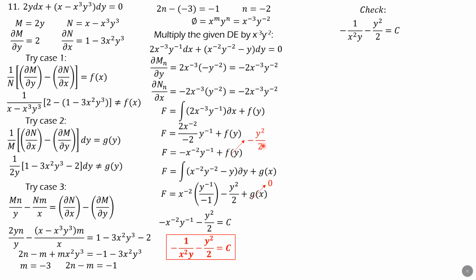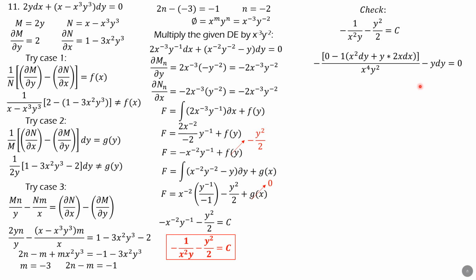So denominator times differential of numerator. So negative, factor out negative 1. So it is denominator, differential of numerator 0. So minus numerator, which is 1, times differential of denominator, which is product, x squared dy plus y 2x dx, all over denominator square, so x to the fourth y square, then minus differential of this is 2y dy over 2, so that's negative y dy equals 0.